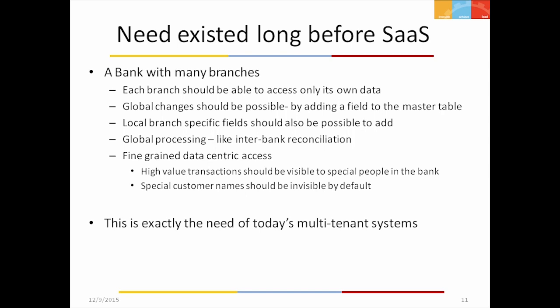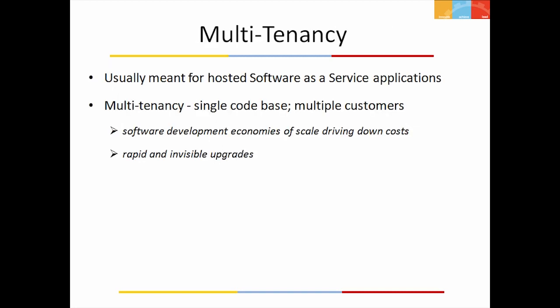If you look at the multi-tenant features of popular SaaS applications, you'll find exactly these kinds of things. So today multi-tenancy is synonymous with hosted software-as-a-service applications. Essentially, one code base is used by multiple clients, possibly multiple corporates, multiple organizations, multiple customers.